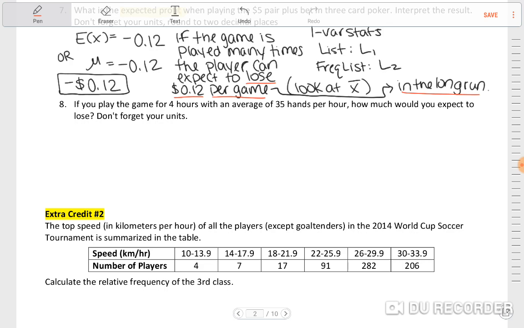Okay, so this is going to be quite similar to the one on the test. It is worded a little bit different, but it'll be the same procedure.